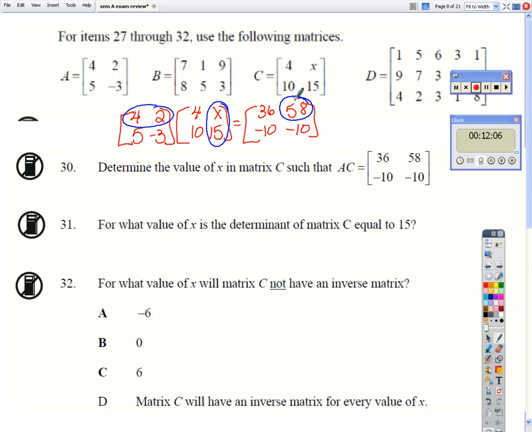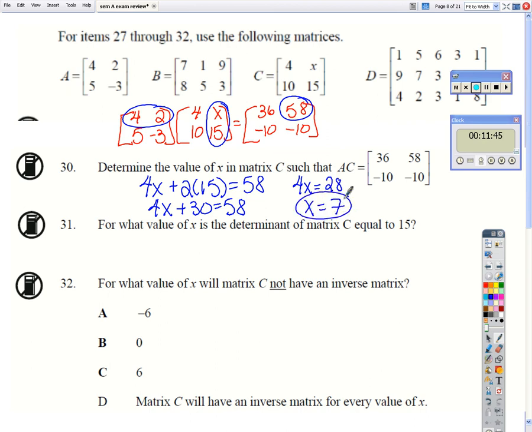So when we set up our equation, 4 times x plus 2 times 15 equals 58. So we have 4x plus 30. When you subtract the 30 to the other side, 4x is 28. Divide by 4, and that's how we get x is 7.